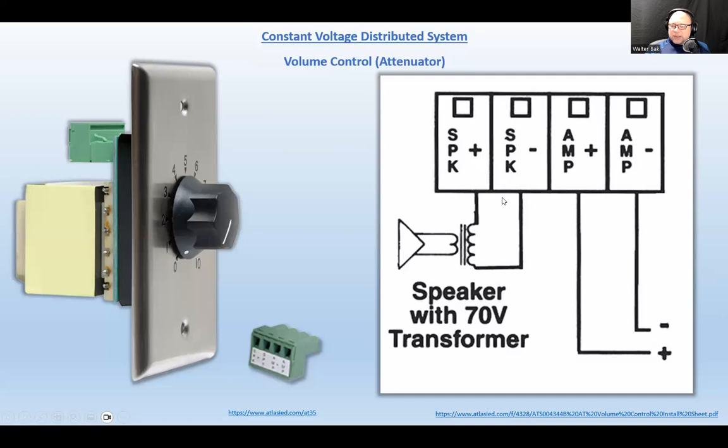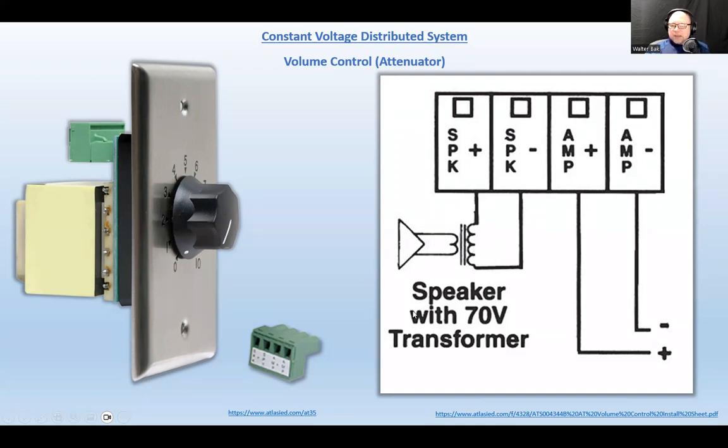This would be the secondary winding of the transformer, and it would go into the speaker station's transformer, the primary windings of the transformer. Those windings are calculated, so you don't have to disconnect the transformer from the speaker station. You can just plug it in as it is.